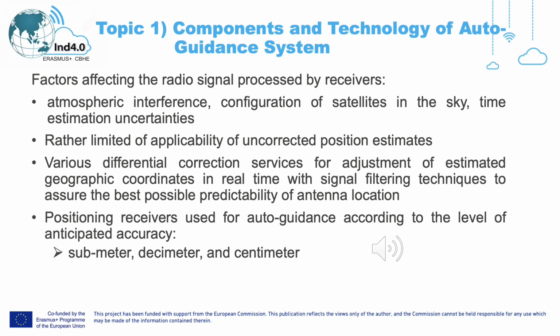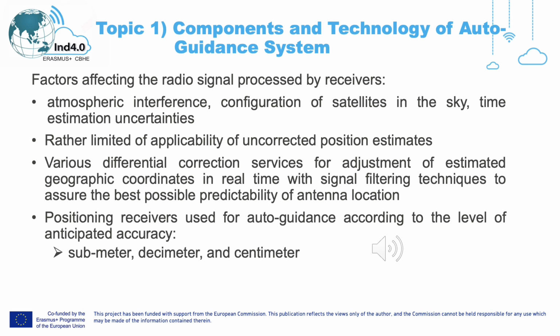To adjust estimated geographic coordinates in real time, various differential correction services are used. In addition to the differential correction, most receivers apply signal filtering techniques. This is to assure the best possible predictability of antenna location.